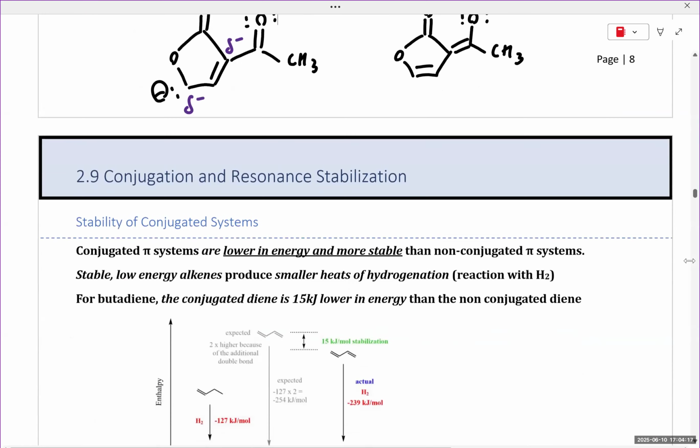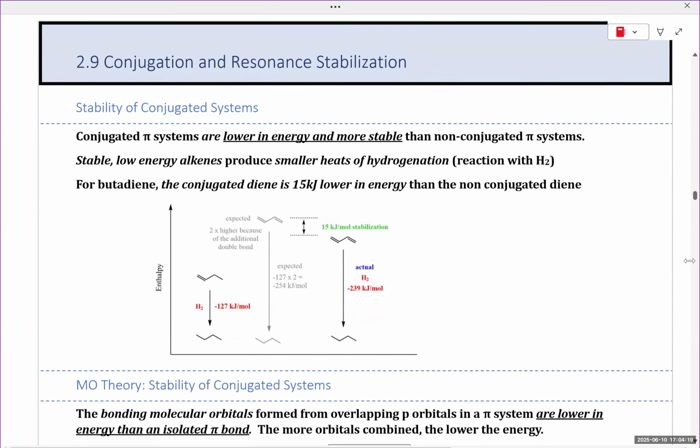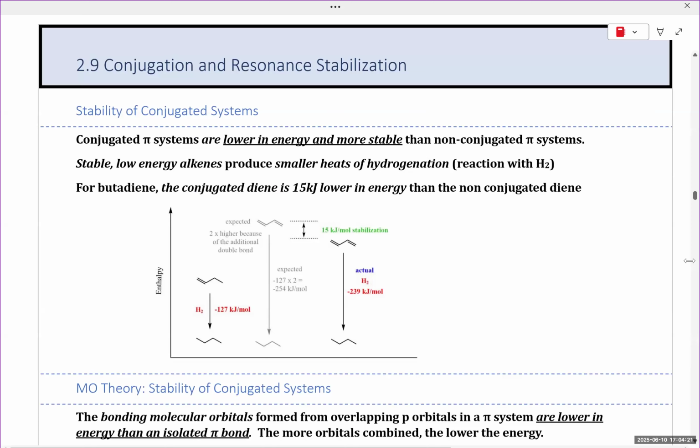Okay, let's keep going now and let's talk a little bit about conjugation and resonance stabilization. So in general, conjugated pi systems are lower in energy and more stable than non-conjugated pi systems. This is evidenced via heat of hydrogenation, where stable, low-energy alkenes produce smaller heats of hydrogenation, which is the heat released upon reaction with hydrogen.